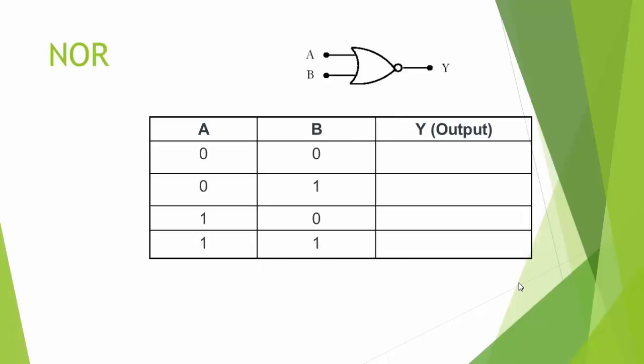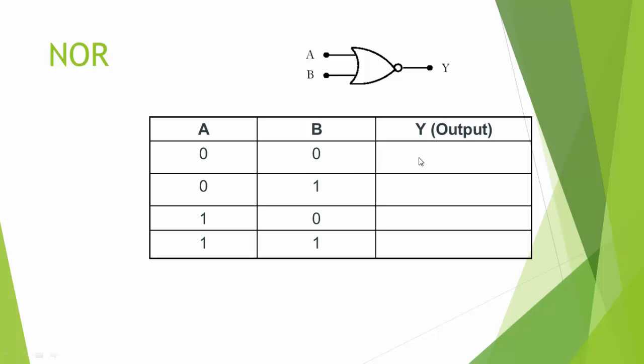Okay, a NOR gate requires a little bit more discussion. So NOR is short for not or. And this little dot here represents an inversion of our OR gate. So in our first case, with A and B 0, an OR gate would give a 0.